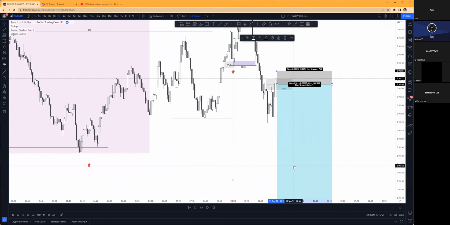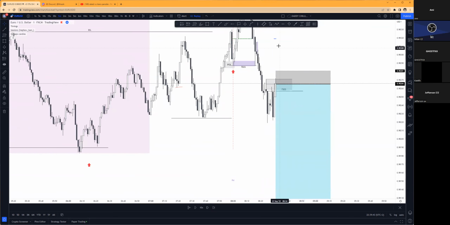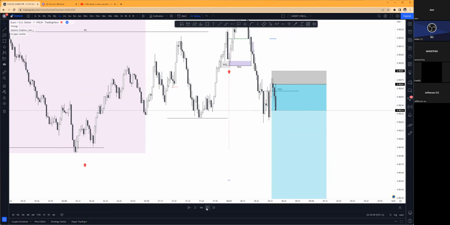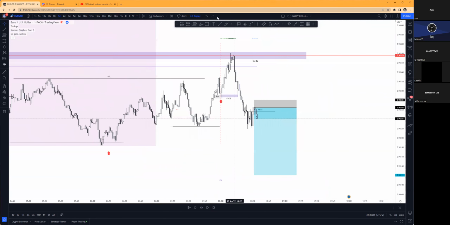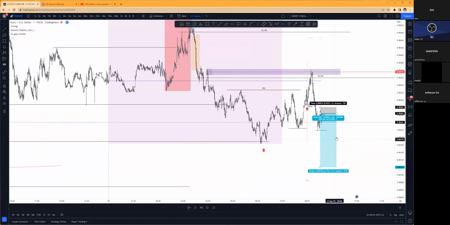Okay. It even clears the wick for some reason. So yeah, you could have had a mitigation entry. Of course, I want to put my break even early, take partials as soon as possible, because in my trading plan this is a really risky entry.